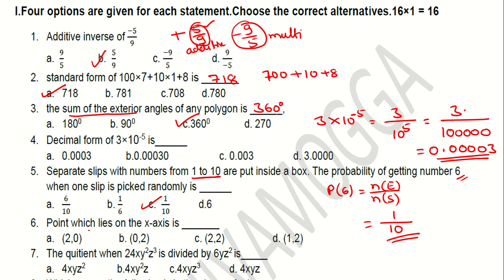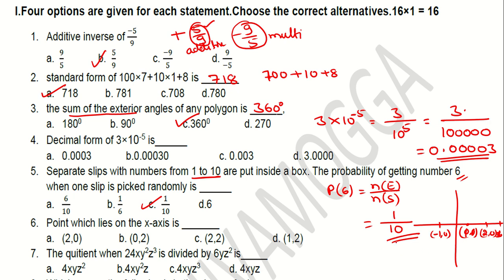Then, points which lie on the x-axis. If we take the graph, the first point is (1, 0), the second point is (2, 0), the third point on the x-axis is (3, 0), and then here (-1, 0).